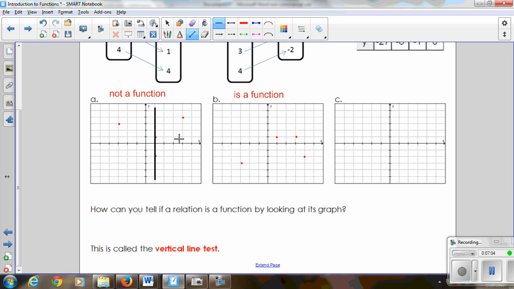And so that's another example of why the relation in letter A is not a function, but the relation in letter B is. No matter where I draw a vertical line, it's never going to cross the function more than one time. So every time I draw a vertical line, it's only crossing one time. And so that means it is a function. And this is called the vertical line test.